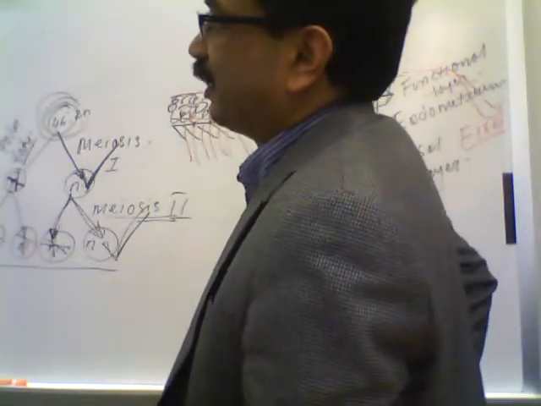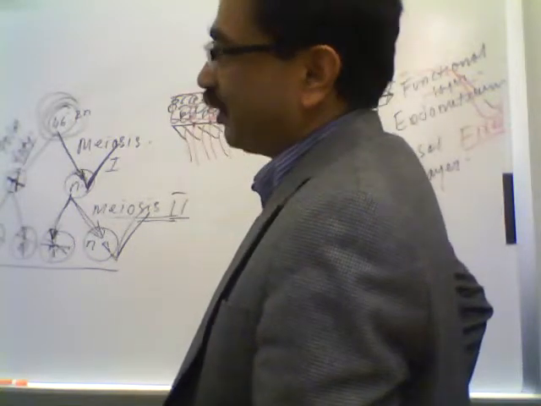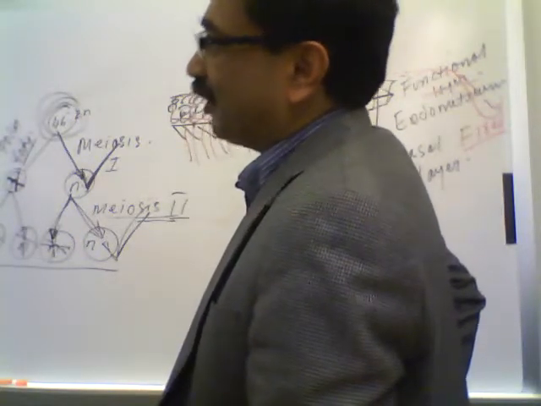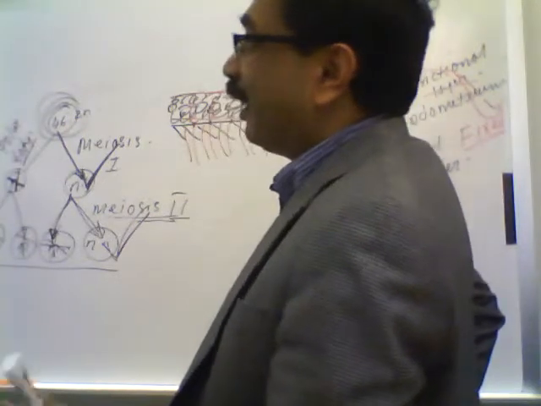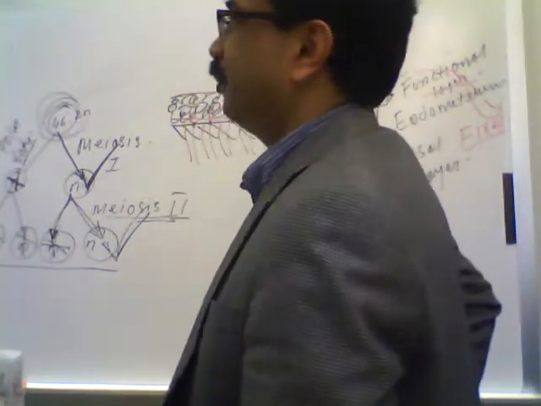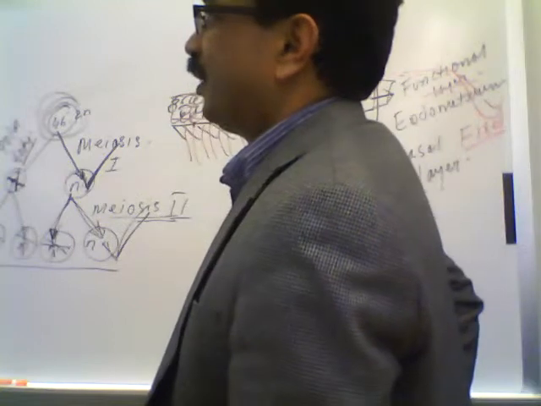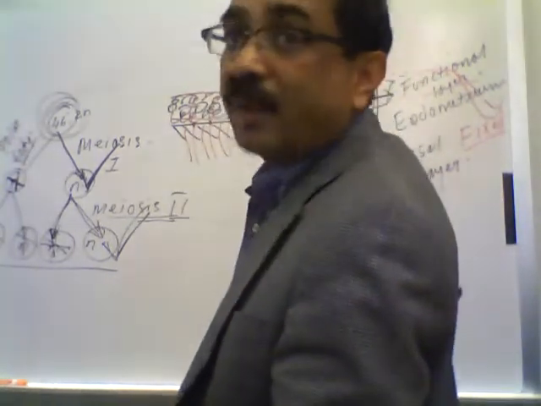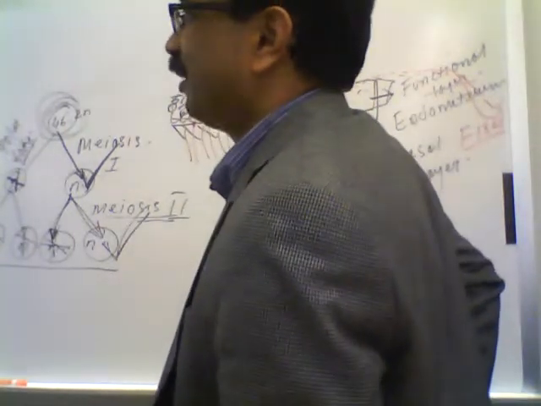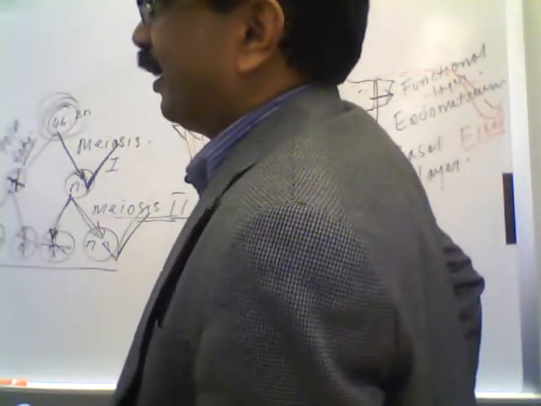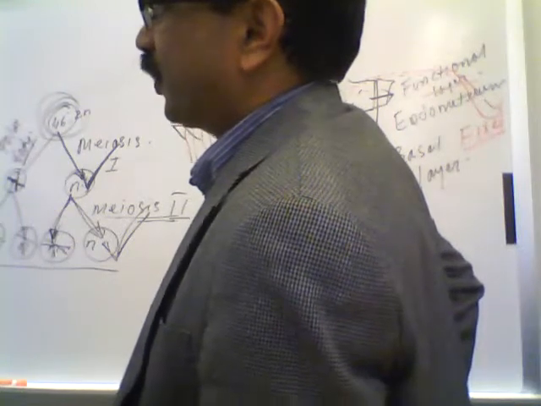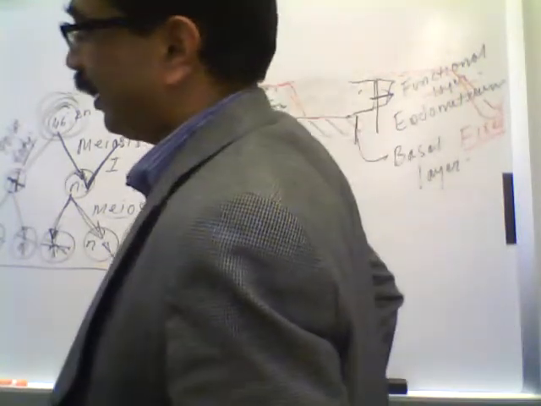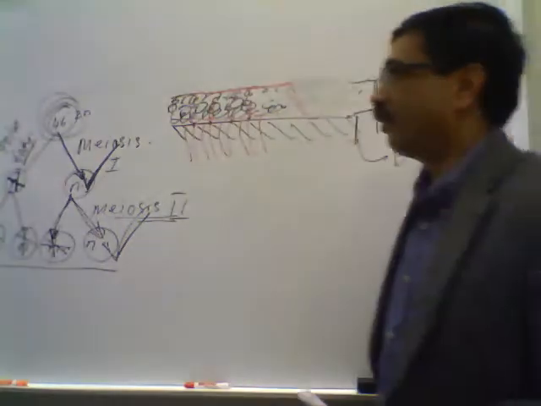So in the left side, just see that first mitosis occurs to produce new eggs, and then meiosis 1 and meiosis 2. But meiosis 1 starts after puberty, at puberty. And then you see when meiosis 1 is completed, one healthy cell and one polar body is formed.